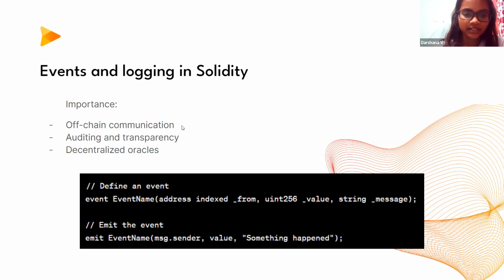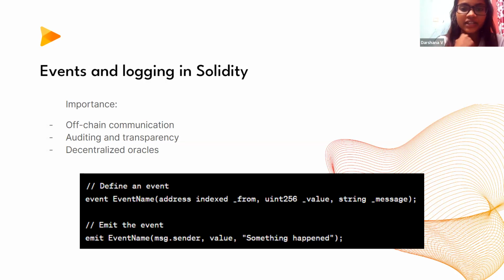Now, in auditing and transparency, events act as a historical record of important contract actions. They allow anyone to verify and audit that this contract has done this and that. And this is why we generally use blockchain, right? One of the main use cases of blockchain and Web3 apps is decentralization, which basically means there is trust and transparency.